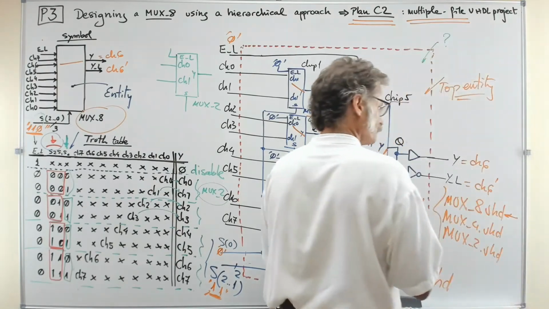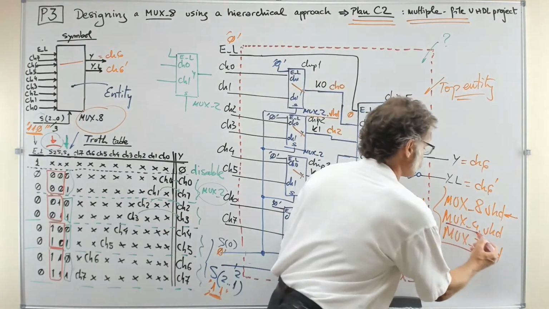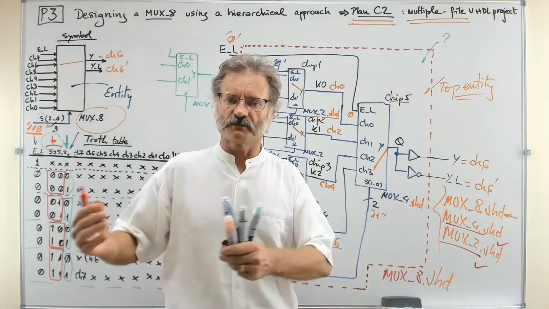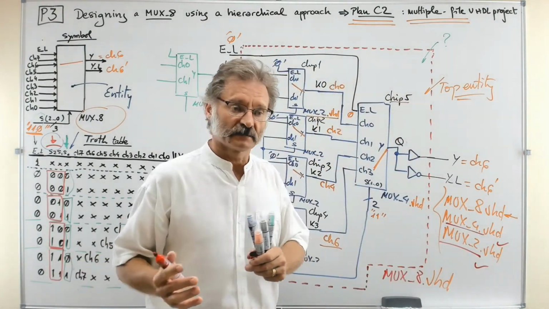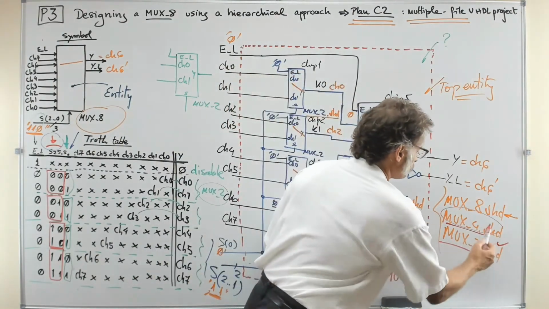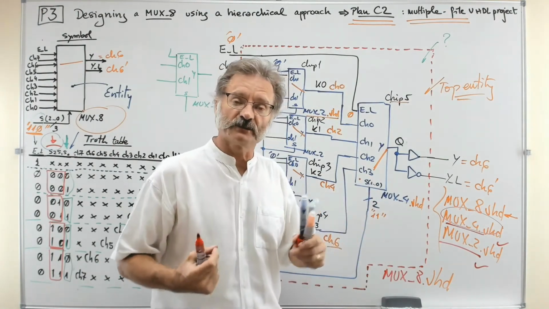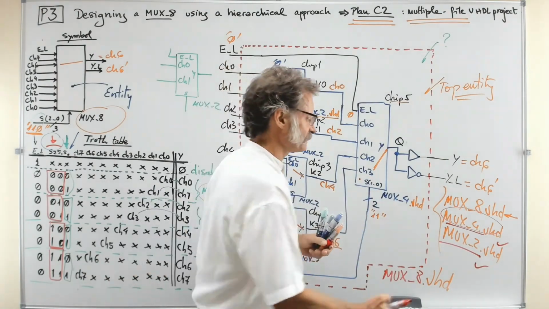The MUX4 has to be yours. You have to have it. The MUX2 the same. You have to have it from other projects, whatever they are designed. And besides, think that the MUX4 may be organized as well internally using the same idea of the plan C2, using components like MUX2.